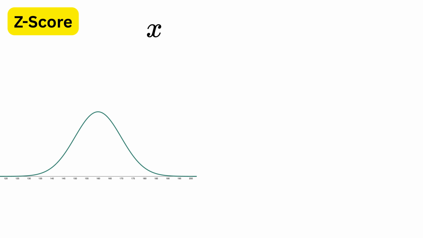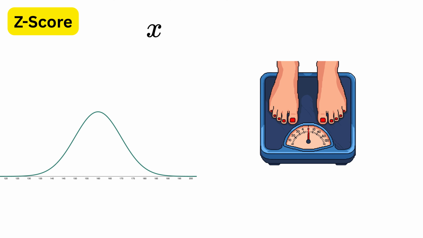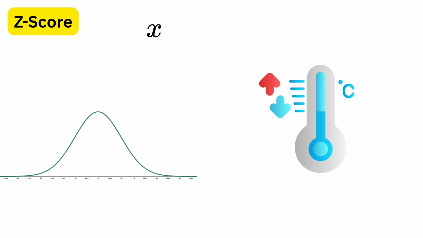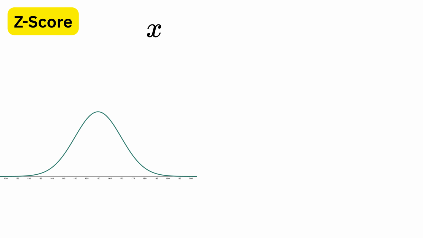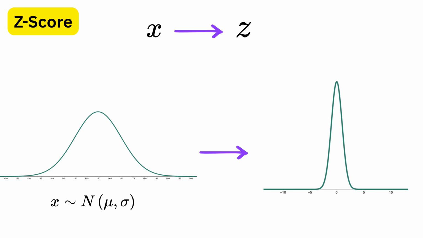Suppose you have a random variable x, which can represent anything like height, weight, exam score, temperature, blood pressure, and so on. Say this x follows a normal distribution with mean mu and standard deviation sigma. A z-score helps translate any x value into a standard scale.